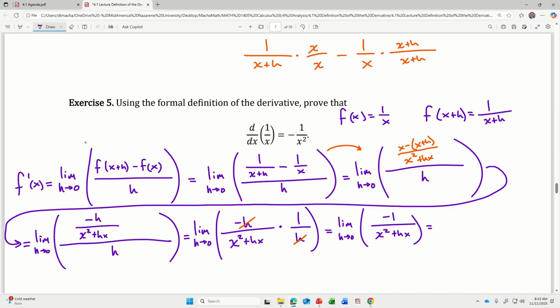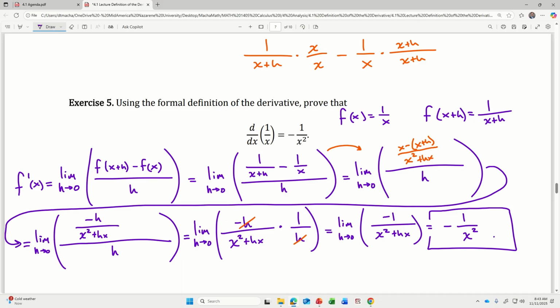Now, can I take the limit as h approaches 0? Yeah, what's the limit? Negative 1 over x squared. Well, that's a relief, because that's what I'm supposed to prove.